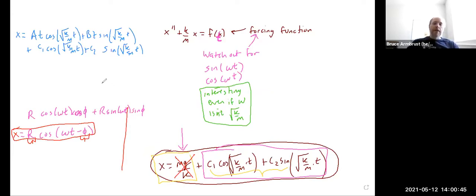Now I want you to think about what this is going to look like. We already know that this part is just an oscillation, right? What are we going to get from the first part?